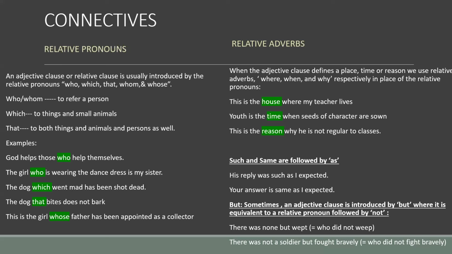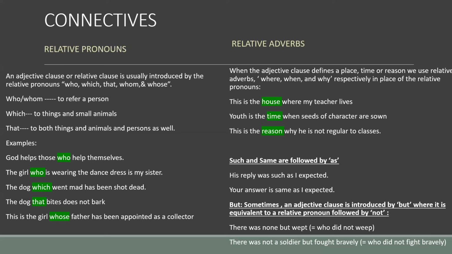Mentioning the house, that's why you are using where. Youth is the time when seeds of the character are sown. Mentioning the time, so you're using the relative adverb when. This is the reason why he is not regular to classes. Mentioning the reason, so you are using the relative adverb why here.